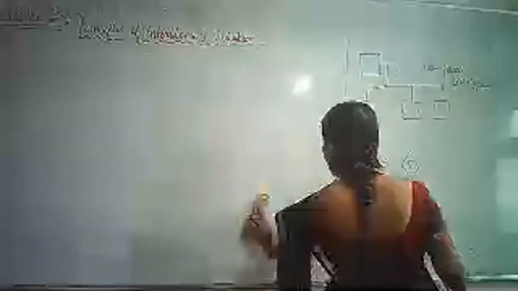So I'll show you, for example, how it is represented. You can do so many. One from an autosomal dominant trait I'll show you, and one autosomal recessive trait I will show you.